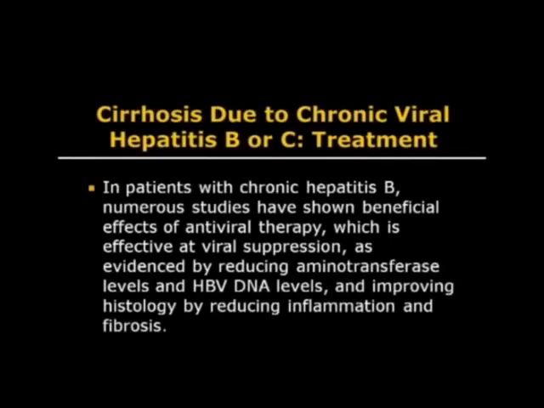In patients with chronic hepatitis B, numerous studies have shown beneficial effects of antiviral therapy, which is effective at viral suppression, as evidenced by reducing aminotransferase levels, that is SGOT, SGPT, and HBV DNA levels, okay? Hepatitis virus DNA levels, that means, and improving histology by reducing inflammation and fibrosis.